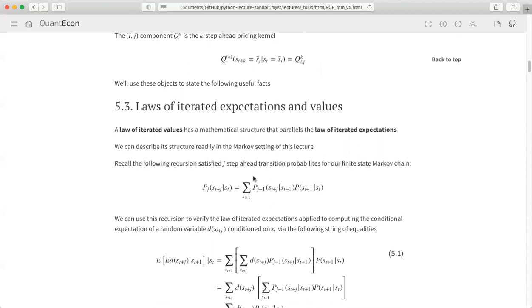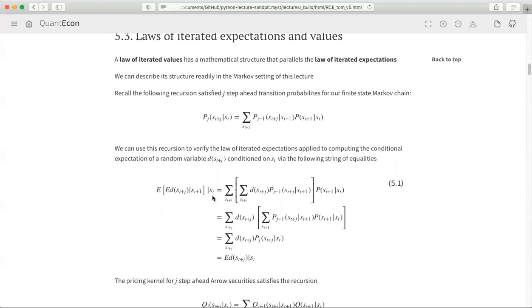So, the law of iterated expectations. The jth transition probability matrix can be gotten from the j minus 1th probability matrix by this recursion. All we're just saying is P to the j is equal to P to the j minus 1 times P. That's how to read this.